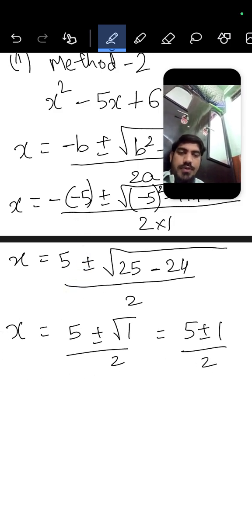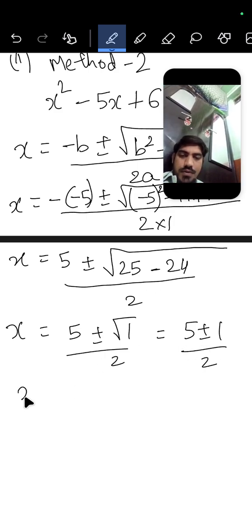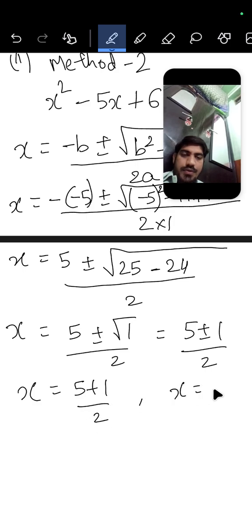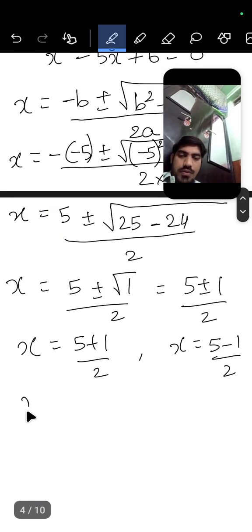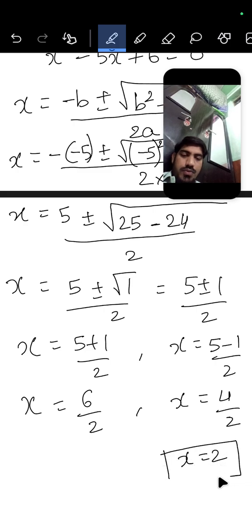Since it is plus or minus, we need to take the two cases, first plus 1 and the other minus 1. So x is equal to 5 plus 1 by 2, or x is equal to 5 minus 1 by 2. So x is equal to 6 by 2, and here x is equal to 4 by 2. So again we get the same answer, x is equal to 2 and x is equal to 3.